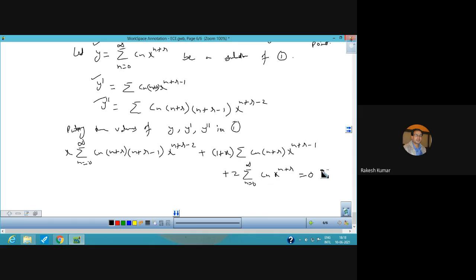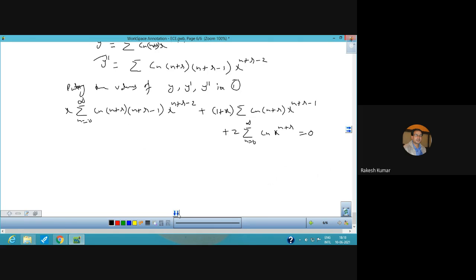Now we have to rearrange the terms. After rearranging, you have to adjust the outer terms inside. The outer term x will be adjusted here, and you will get summation c_n (n plus r)(n plus r minus 1) x raised to power n plus r minus 1 plus, similarly, 1 will be adjusted here and x will be adjusted here.